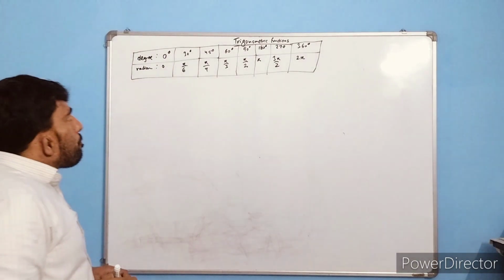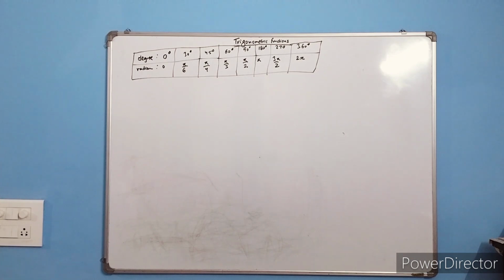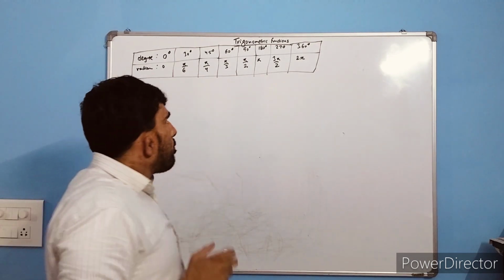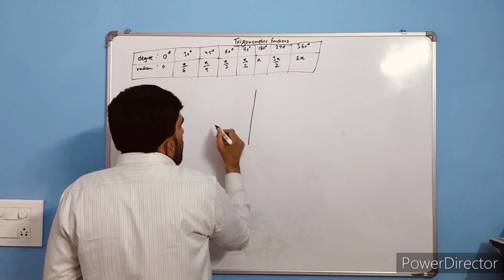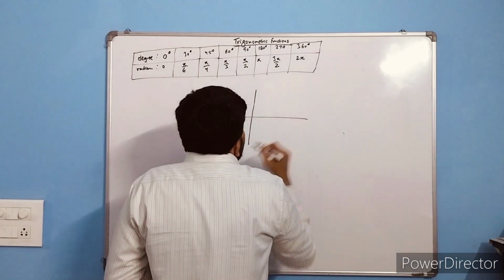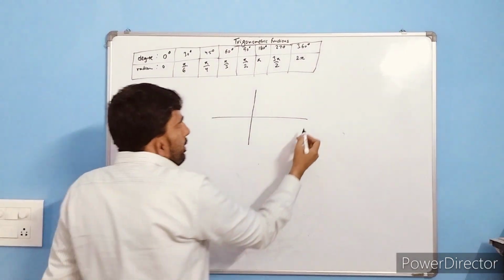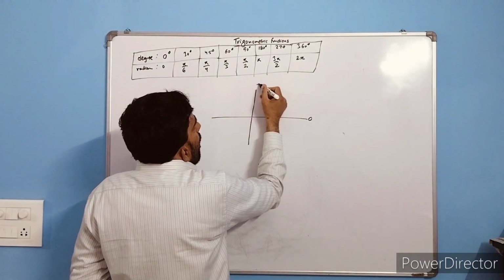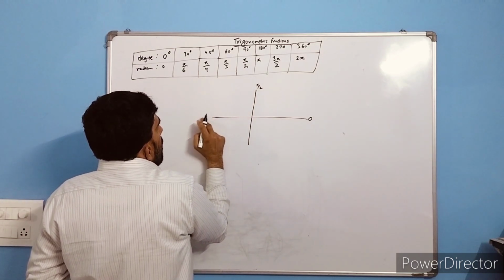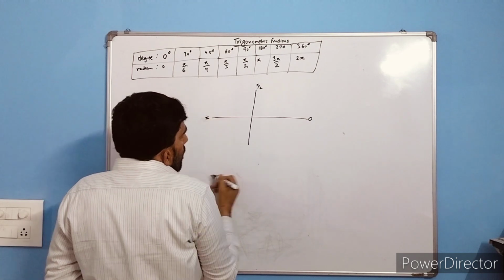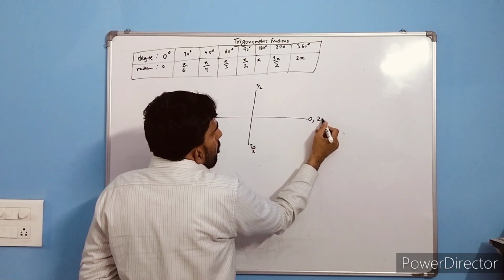So now we'll discuss more. We know that this is a quadrant. Now this is a quadrant, that is 0, then we have pi by 2 here, pi, 3 pi by 2, then 2 pi.